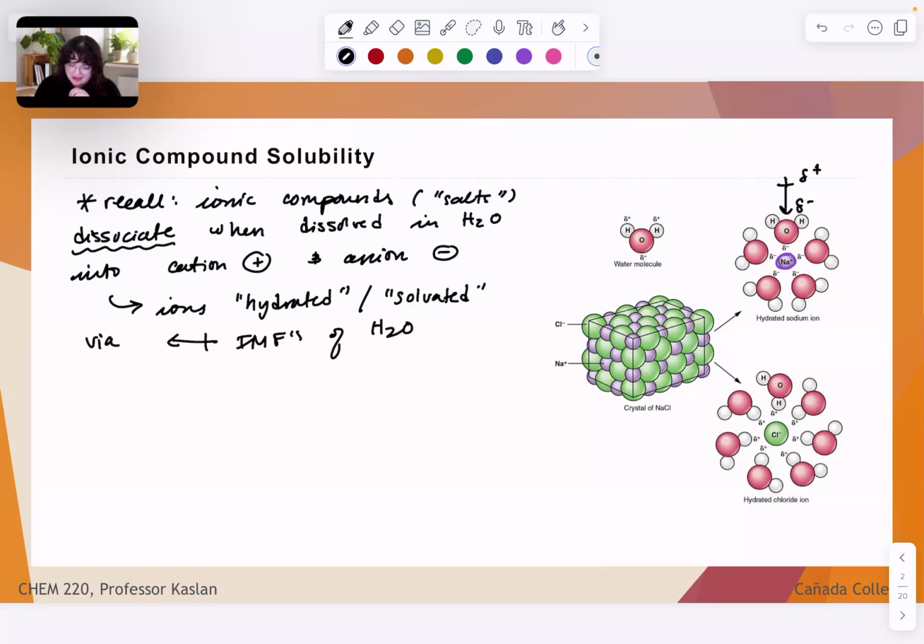This organization is innately different from what we see for the chloride anion, because the anion is negatively charged. When the water molecules surround it, they do so in a way where the positive end of the water molecule is now attracted to that negative charge. And these both create what we call hydrated ions.